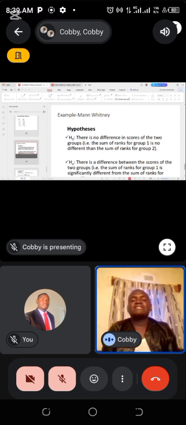That means the sum of the ranks for group 1 is no different than the sum of the ranks for group 2. The alternative hypothesis is going to say there is a difference between the scores of the two groups. That means the sum of the ranks for group 2 is significantly different from the sum of the ranks for group 1.